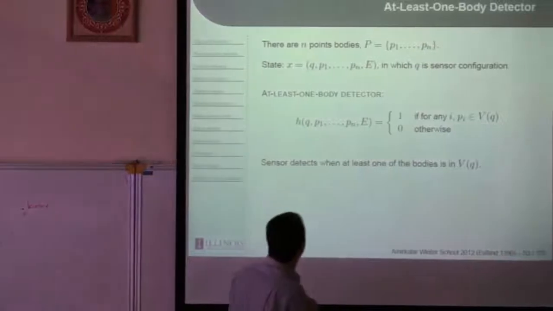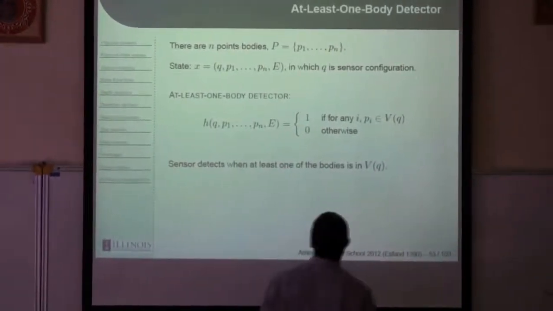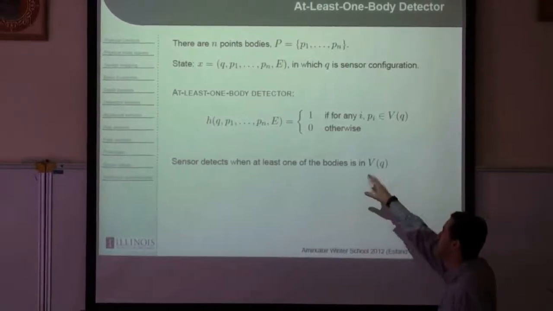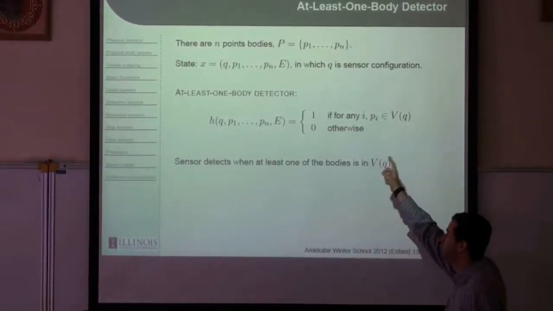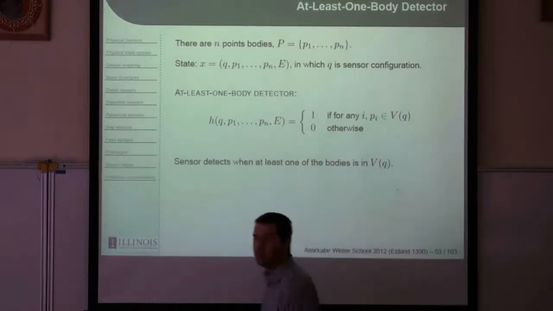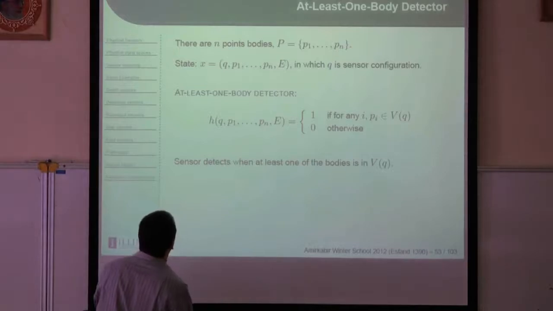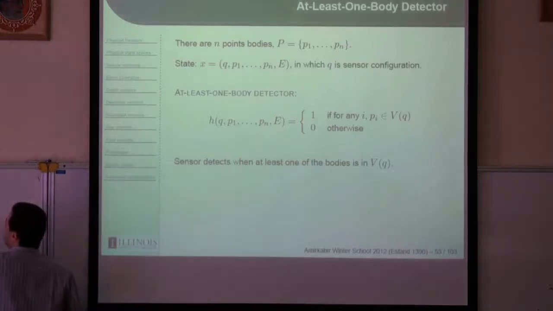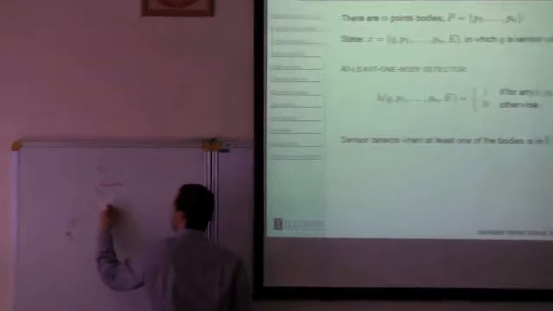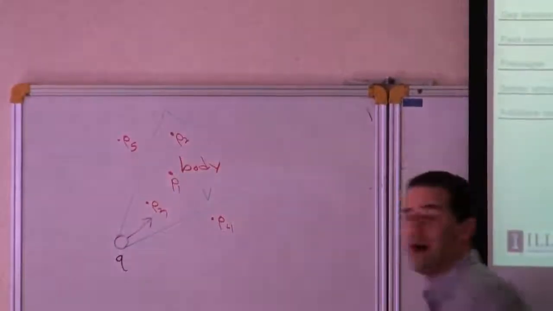I can extend a little bit more. I can say that suppose we have n bodies that are points, and maybe I say that the detector will tell me if there's at least one body. So my state space now includes the configuration of a robot and then a bunch of points placed in the environment. So I now have a bunch of bodies, and I could have P1, P2, P3, P4, P5.